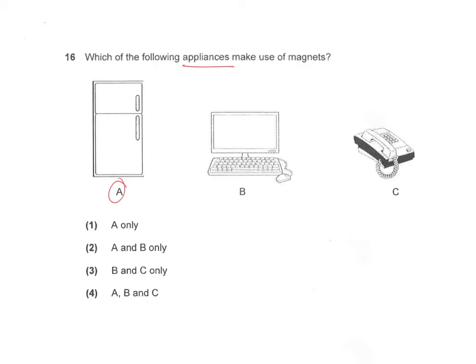Okay, let's look at C first. Option C is a telephone. In a telephone, you have a speaker. This is the part where you actually put the earpiece or the speaker. And then this is the part here that we speak into, that is called the microphone or the mouthpiece.